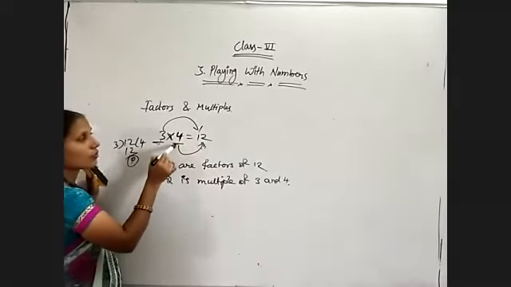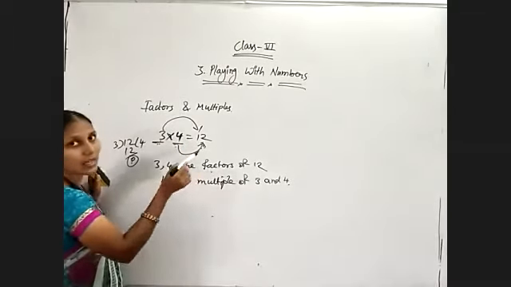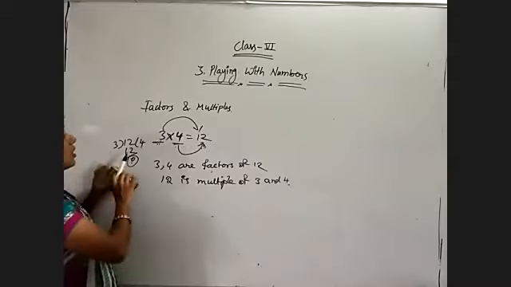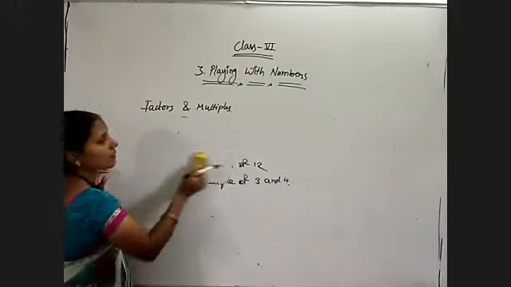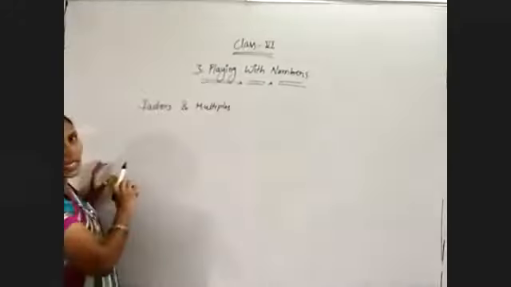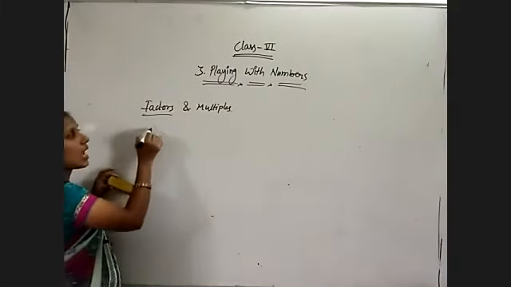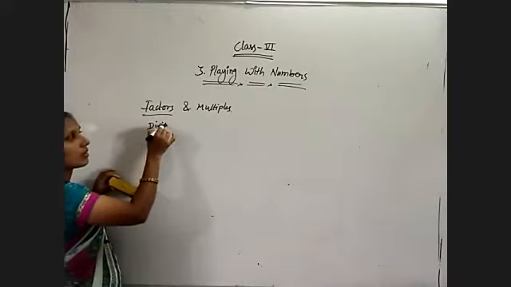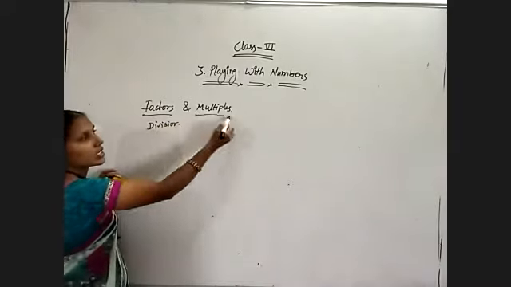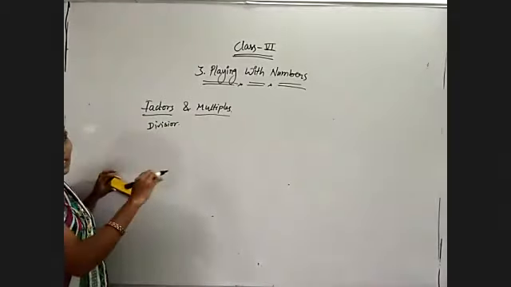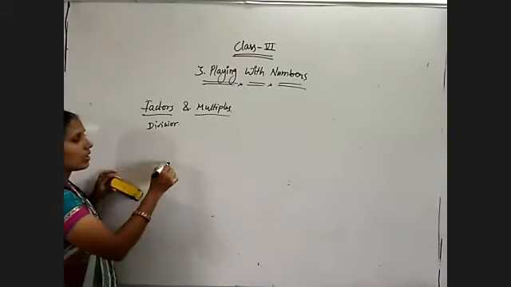So 3 and 4 are the factors of 12, otherwise divisors of 12. So a factor is nothing but a number which divides the given number exactly, that is known as a factor or divisor. And a multiple is nothing but what we get by multiplying any number.